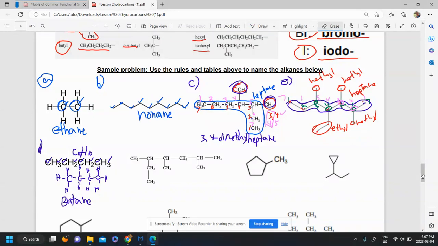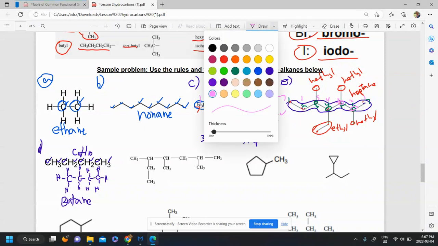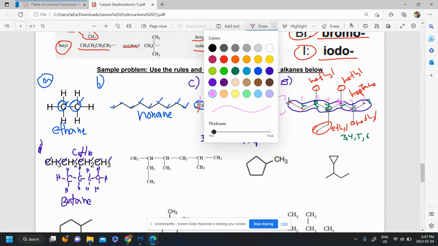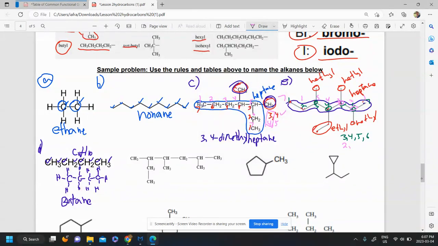So green is 3, 4, 5, and 6, whereas that pink color is 2, 3, 4, and 5. So at that first point of difference, pink wins. So pink is the right way to go, from right to left. So we're going to go from right to left over here.